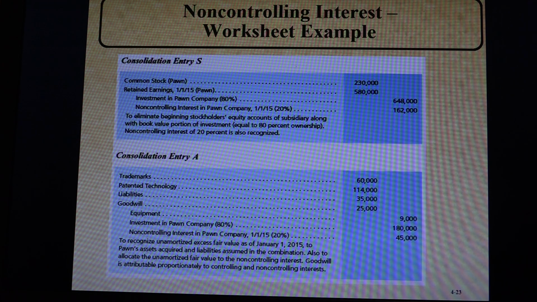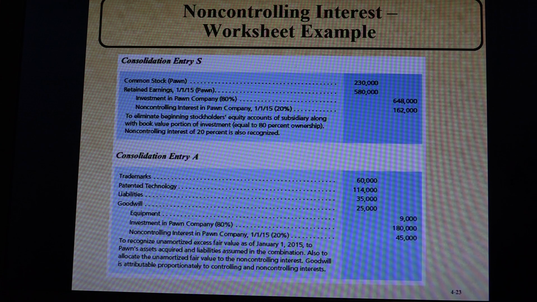Oh, well, in the prior year you had already allowed for $5,000 of the 40 excess, and so this is what's left, the 35,000. You're going to add that to the liability, and then of course you're going to add your goodwill.